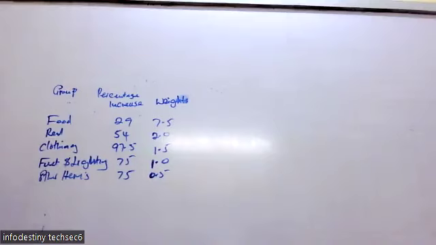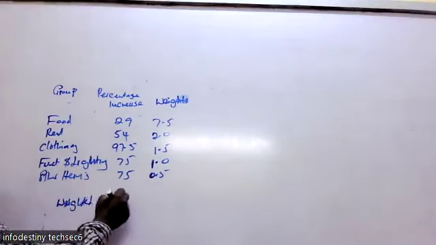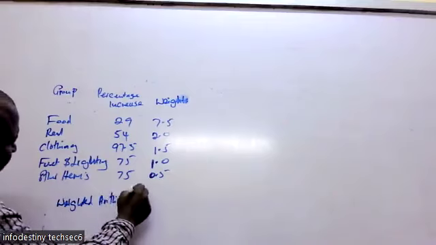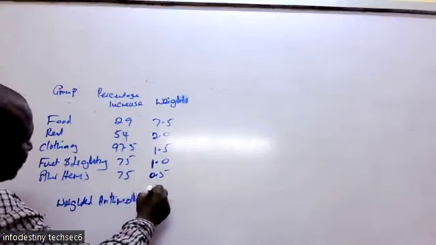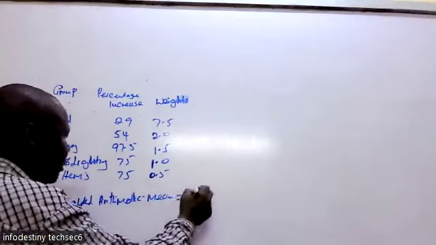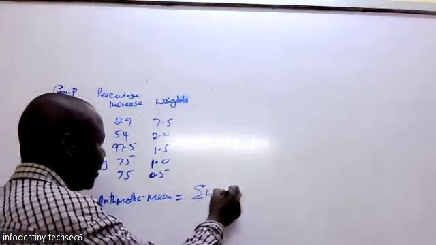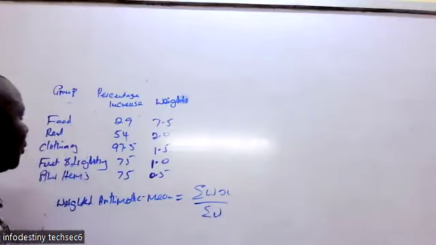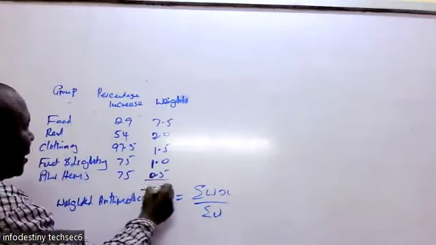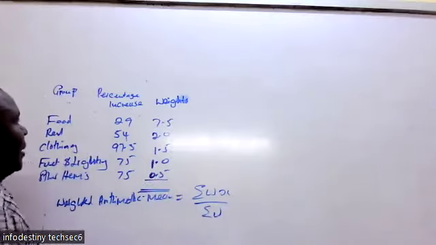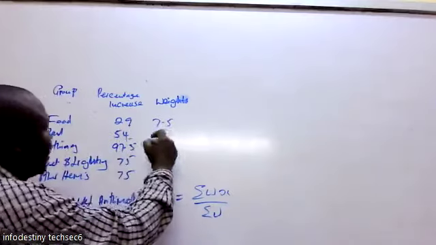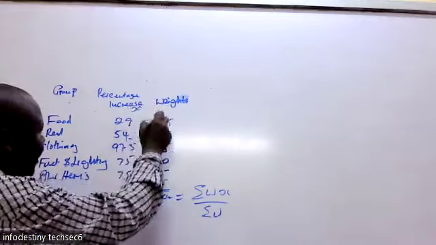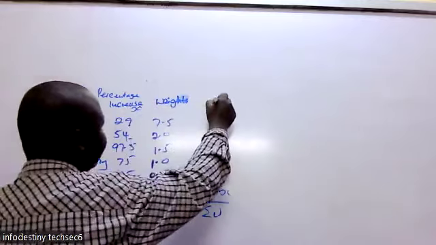So you must first know that the weighted arithmetic mean is equal to summation WX over summation W. So this means that we are going to add this, and then we take this times this. This is going to be our X. Then we get WX.